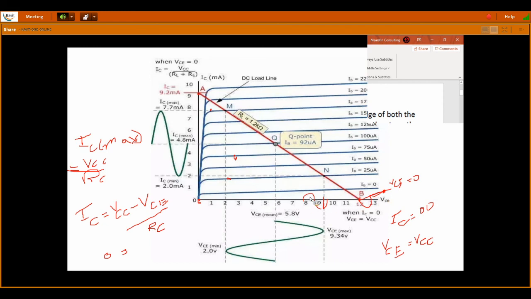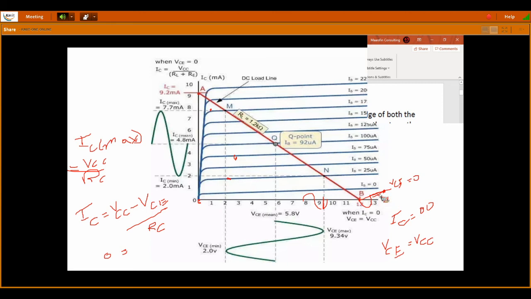You have applied magnitudes of both positive as well as negative, but only for one cycle of input you are getting the output, and for the other cycle of input you don't have any output. So there is a distortion. Where you don't have any output, that is defined as a distorted signal.